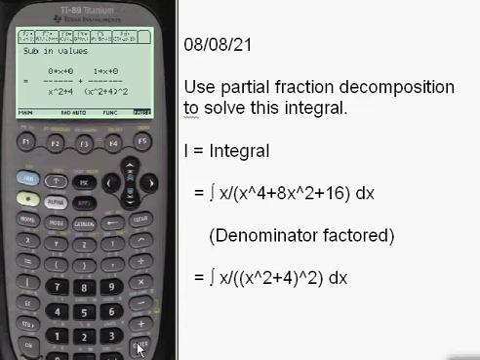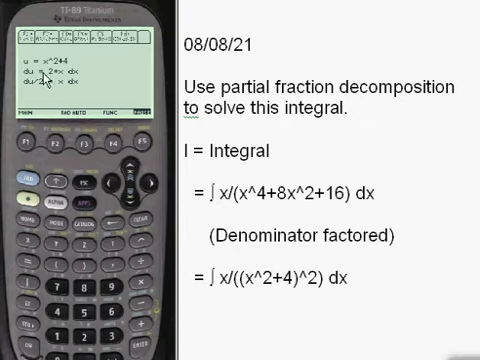Now we're going to do the integration. There's only one integral here, x divided by x squared plus 4 to the second power. We're going to do that with u substitution. Don't think about this too much, just write this stuff on your paper.